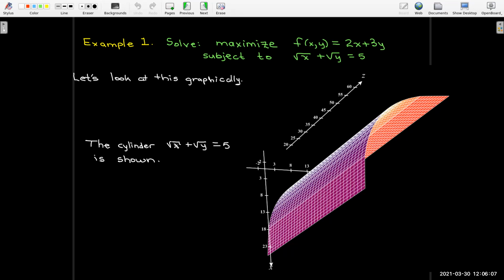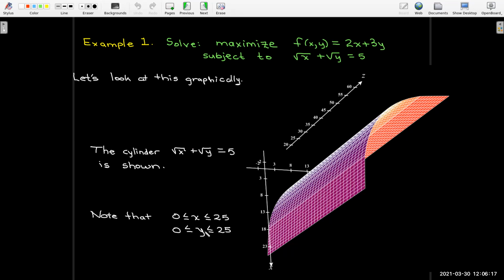And so that is the graph, the surface, representing our constraint equation. Now, one thing that is interesting about this graph is that the largest possible value for x or y is 25. And neither x nor y can be negative, and that's because of the radical signs.